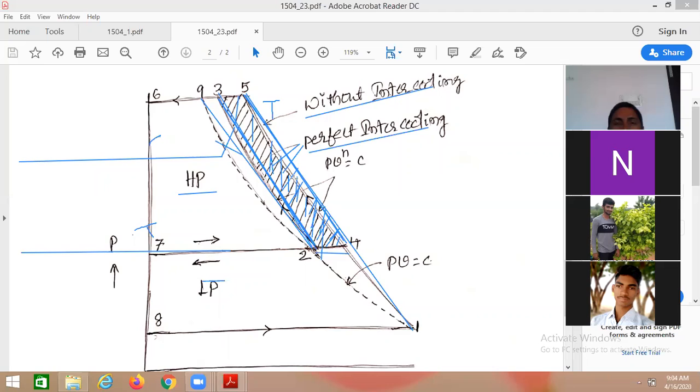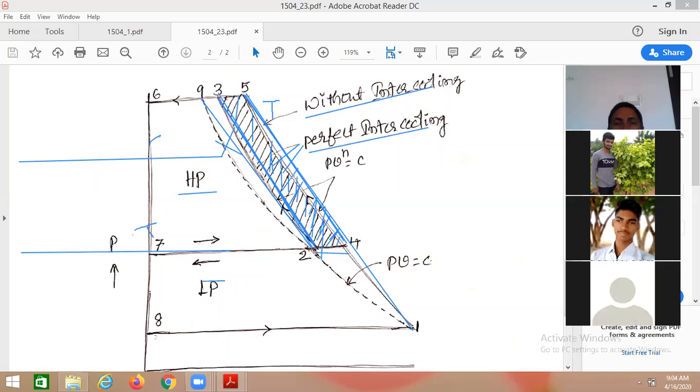Raising the pressure value in each stage to the P2 value will affect the amount of work consumed by the compressor. You see here in the earlier diagram, suppose P2 is shifted to this level, what is happening to this hatched portion?